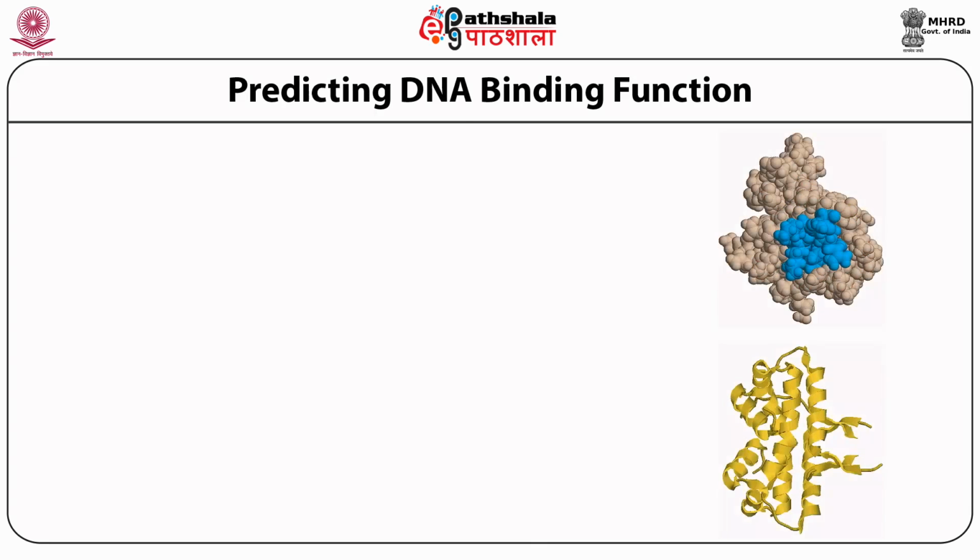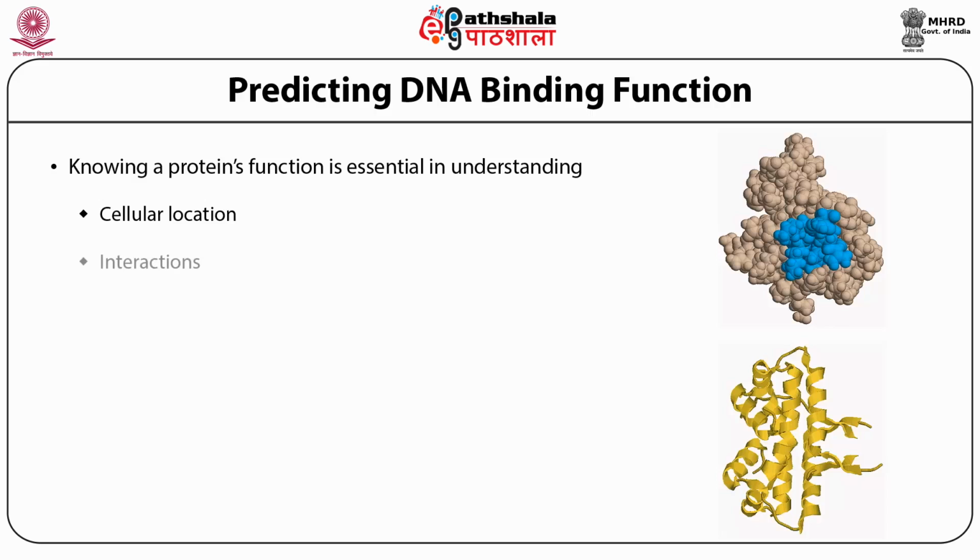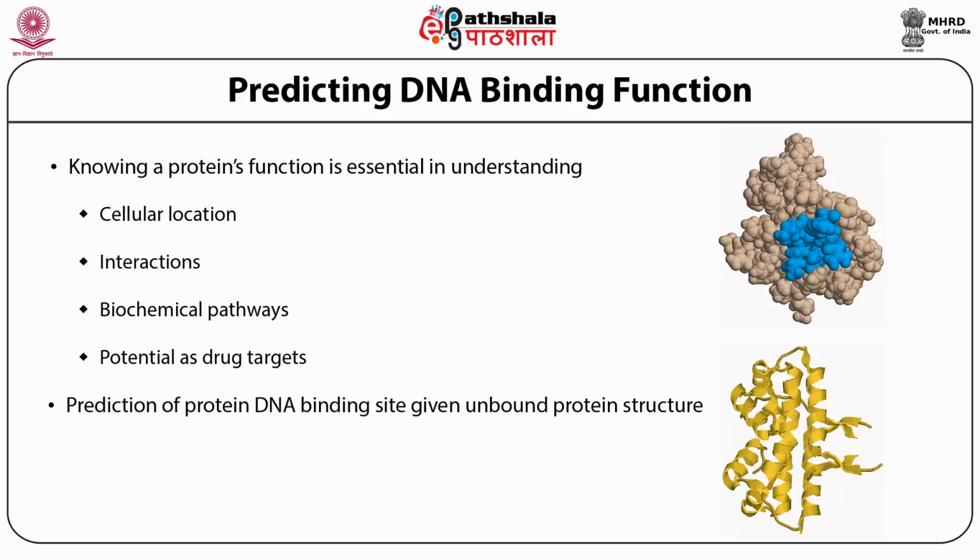Predicting DNA binding function. Knowing a protein's function is essential in understanding cellular locations, interactions, biochemical pathways, and potential as drug targets. Prediction of protein DNA binding sites given an unbound protein structure is again based on electrostatic patches or motifs.